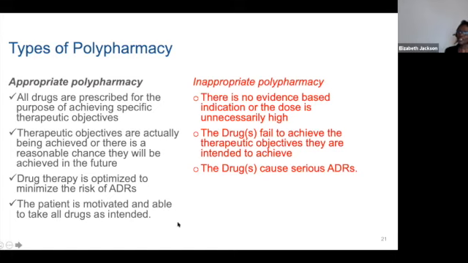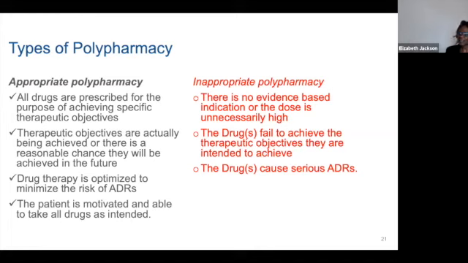Appropriate polypharmacy would be all drugs are prescribed for achieving specific therapeutic objectives. The therapeutic objectives are actually being achieved, or there's a reasonable chance that they will be achieved in the future. Another scenario would be where the drug therapy has been optimized and the ADRs have been minimized.